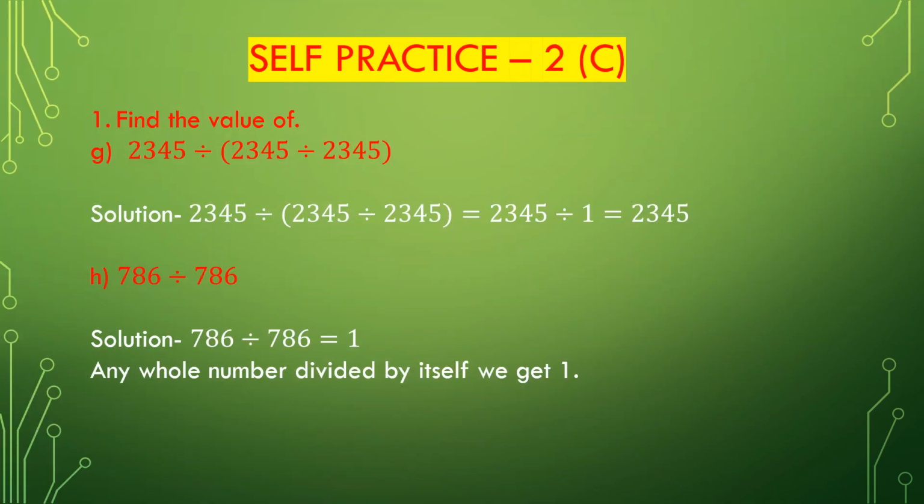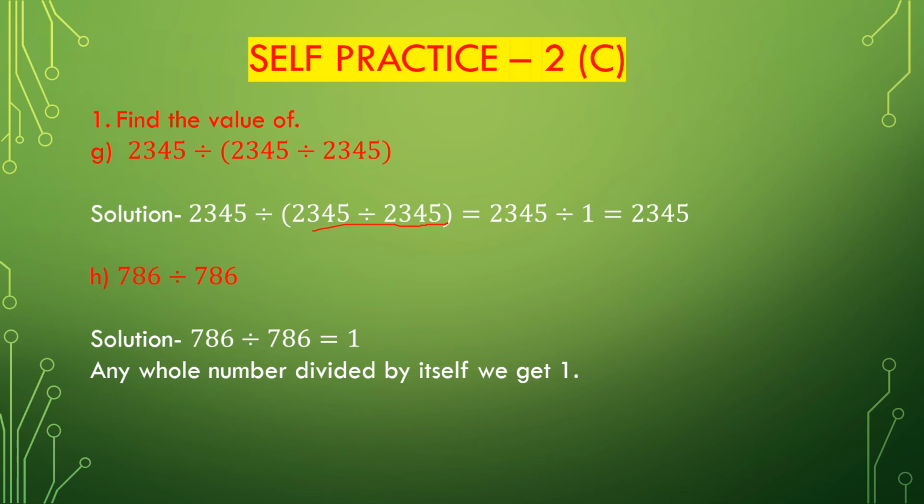Now we will solve bit G. 2345 divided by 2345, that is inside the bracket. We know a whole number divided by itself, that is the same whole number, we get 1 only. So first we perform this division inside the bracket.